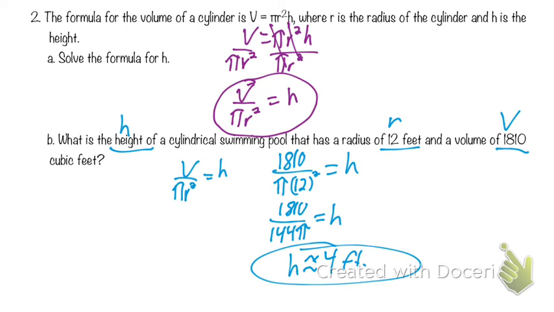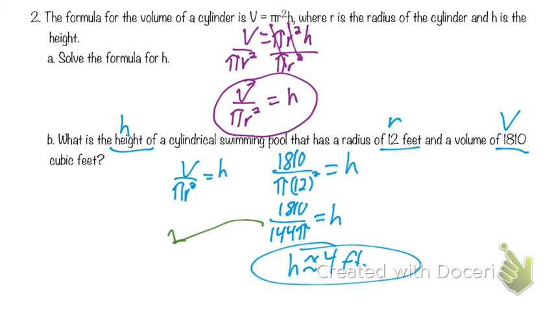But if you wanted to just leave pi as pi, you could just reduce the fraction, 1810 and 144, and say, okay, what goes into both? Does that make sense? 4 doesn't go into both, but 2 goes into both.